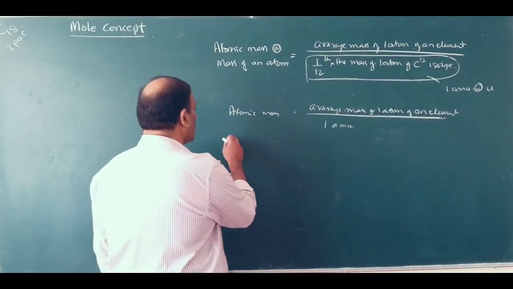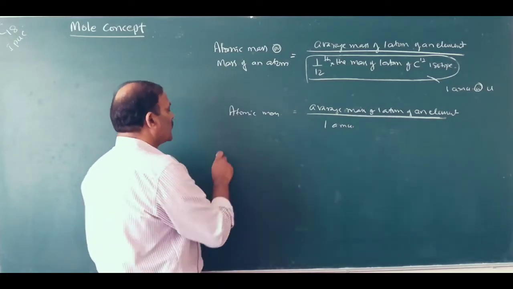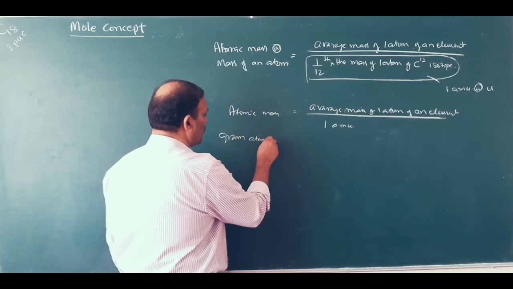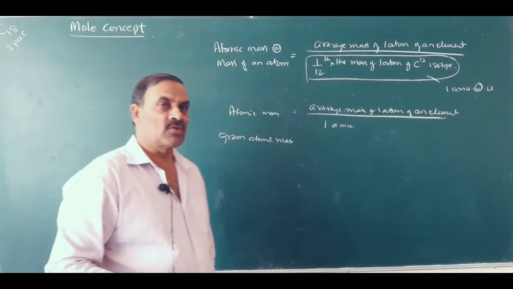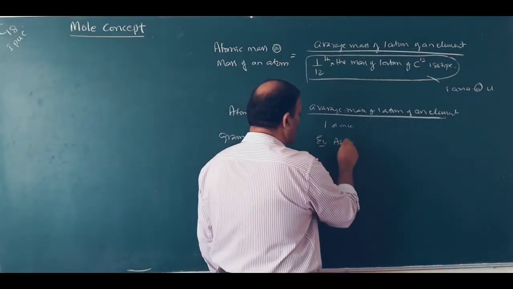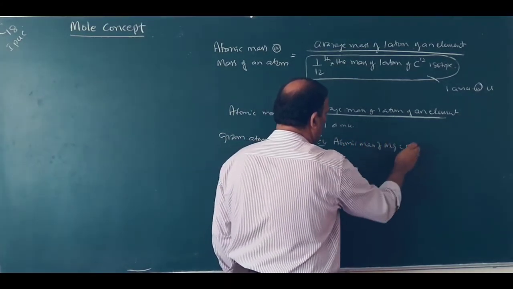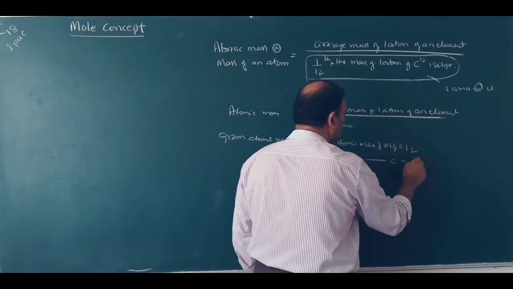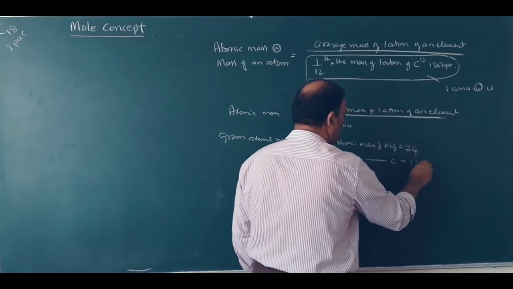Then coming to gram atomic mass. Atomic mass expressed in grams is known as gram atomic mass. For example, atomic mass of magnesium equals 24. Atomic mass of carbon is equal to 12.